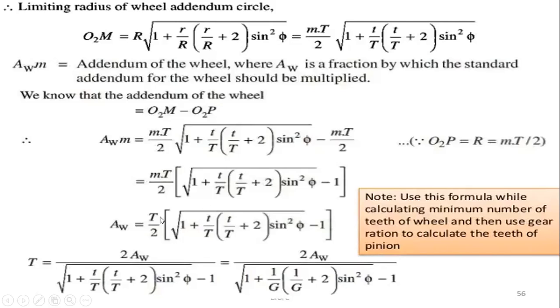Whenever we use this formula to calculate the minimum number of teeth of the wheel, we use the gear ratio to calculate the teeth of the pinion.